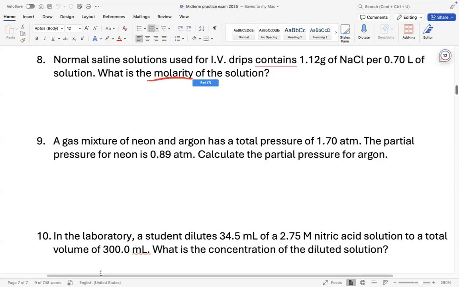So molarity, big M, and this formula would be on your formula sheet, big M equals moles over liters. So this time we have grams and we have liters. We have the liters part, so we don't have to change there, but we will have to go from grams to moles.